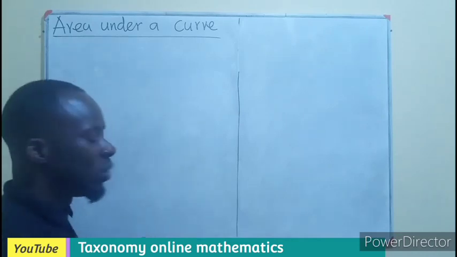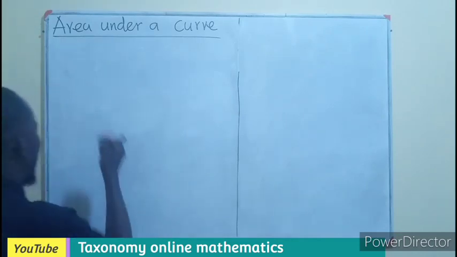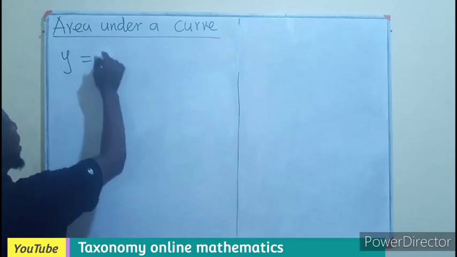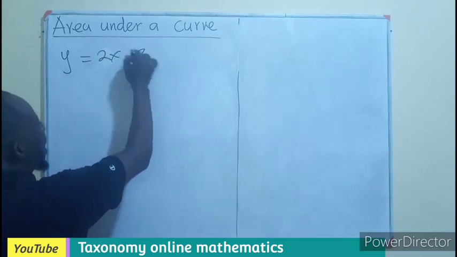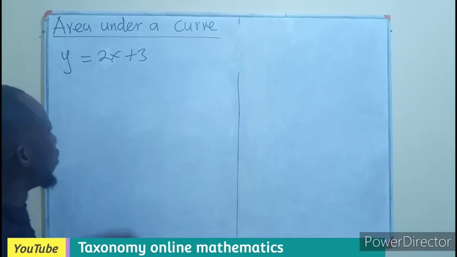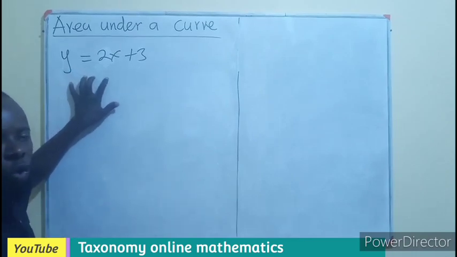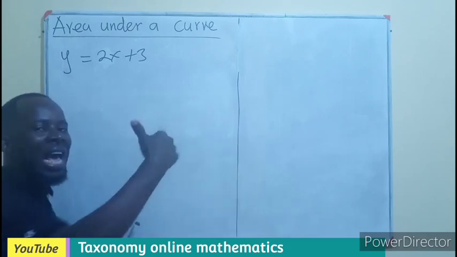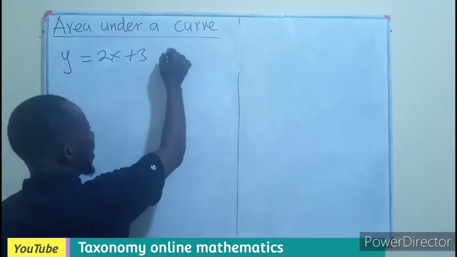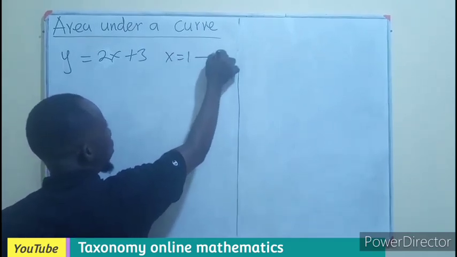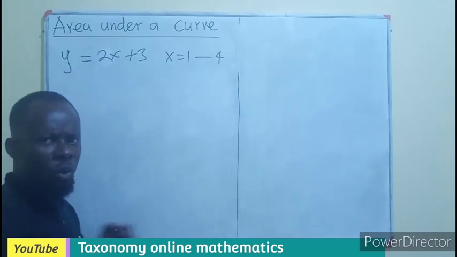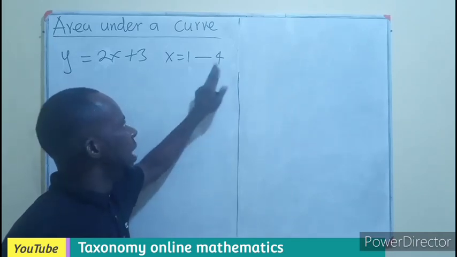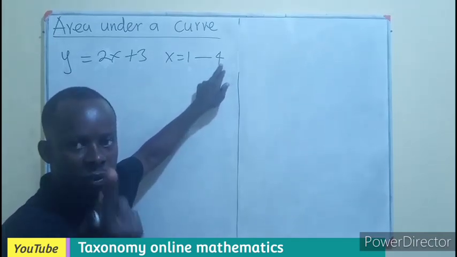So let's take the first as, let's say, y equals 2x plus 3. We want to find the area enclosed by this graph and the x-axis spanning from x equals 1 to 4. From 1 to 4 simply means that your lower limit is 1 and the upper limit is 4.